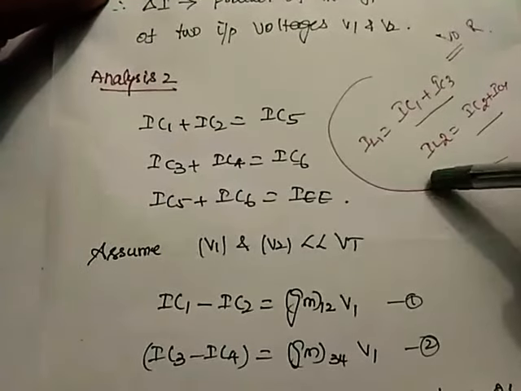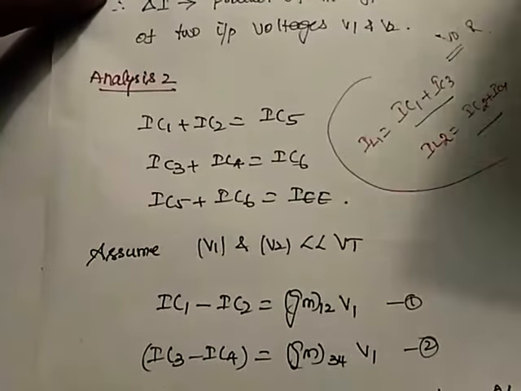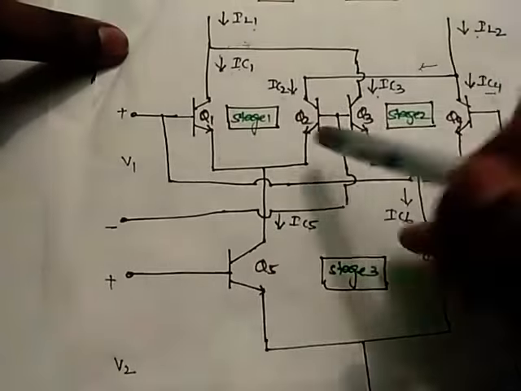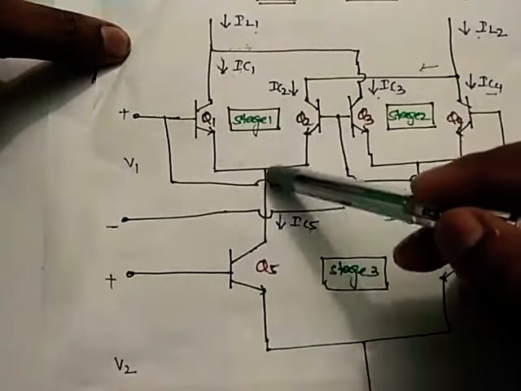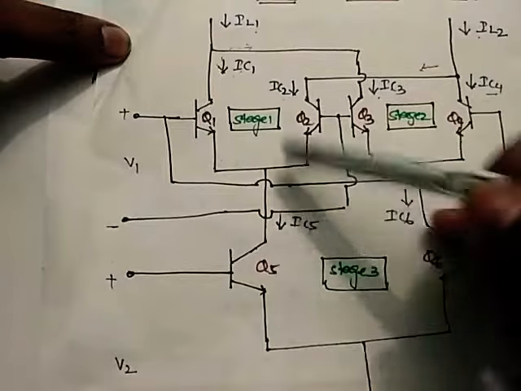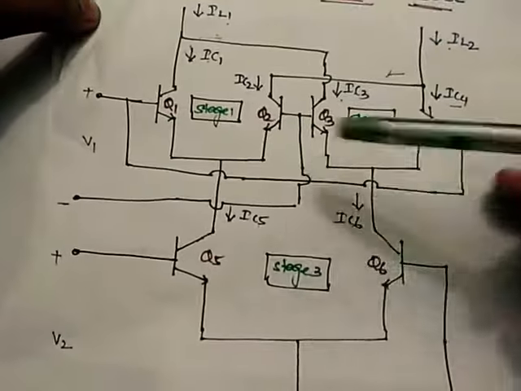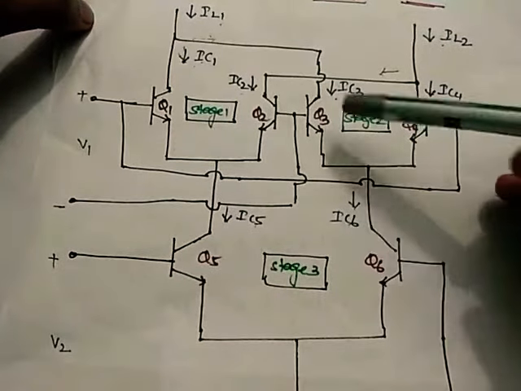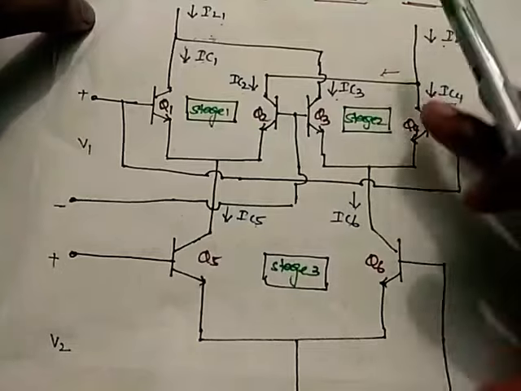Next we will discuss analysis 2. In this analysis 2, we are going to consider the collector currents. See here, the transistor Q1 and Q2 collector currents are taken in the combination of IC5. IC5 is nothing but the addition of IC1 and IC2. In the same way, IC6 is the combination of IC3 and IC4.